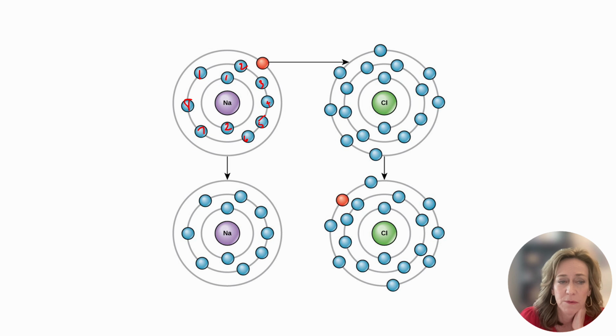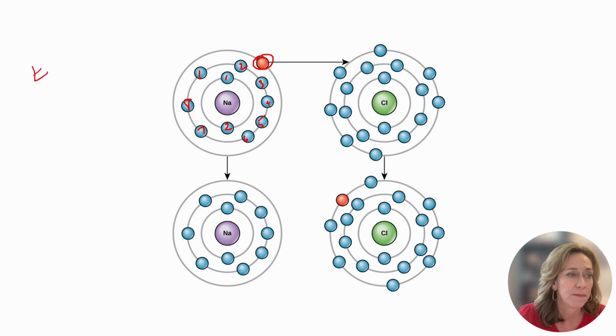The first shell is full with 2, and the second shell is full with 8. But then we have this one other electron. The octet rule says atoms want to have their valence shell filled. Well, to fill the valence shell, sodium would either have to gain 7 electrons to fill that outer shell, or it can lose 1. Much easier just to lose 1.